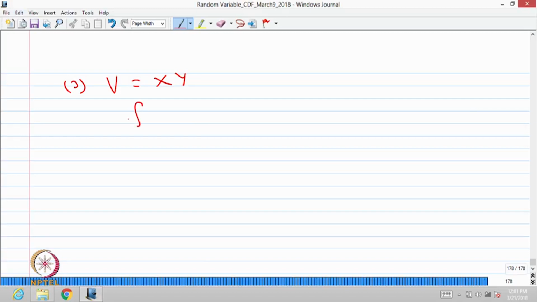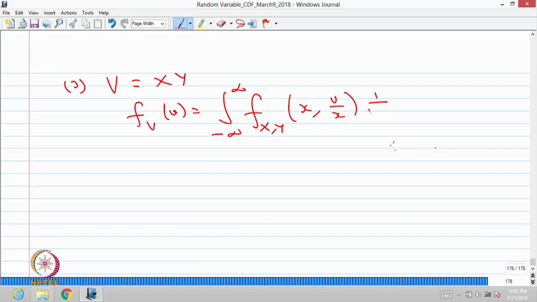You can get the probability density function of v by integrating the joint probability density function by substituting x as it is, y by v divided by x, multiplied by 1 divided by absolute of x dx. This will give the probability density function of v.